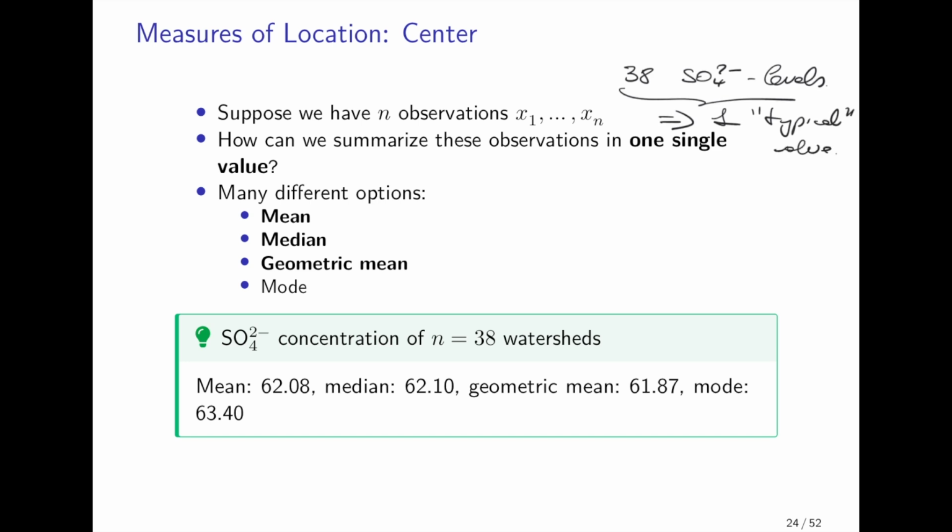And I put typical in quotation marks because depending on how you interpret that, it is of course going to give you a different measure. Some of these ways of summarizing your data into a typical value you have already covered in high school, or in other courses. What you probably already know about is summarizing your data into a mean or average value, and into the median.